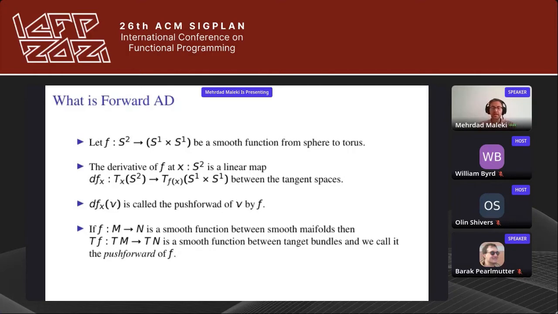And we call df_x on v the push forward of v by f. So if f is a function from manifold M to manifold N, then T(f) from the tangent bundle of M to the tangent bundle of N is a smooth function between tangent bundles, and we call it the push forward of f.